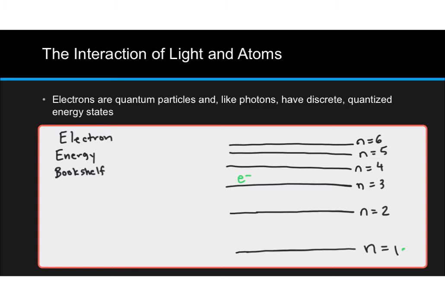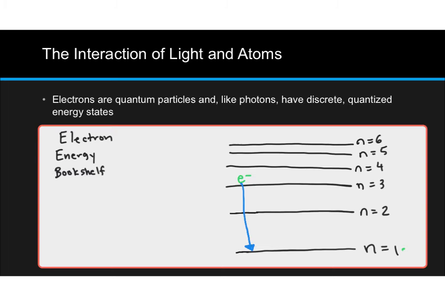Remember that our nucleus and our atom are lazy, so our atom isn't going to want to supply an electron with the energy needed to stay on that third bookshelf for very long. As soon as the light source is removed, that electron is going to jump back down to its ground state.